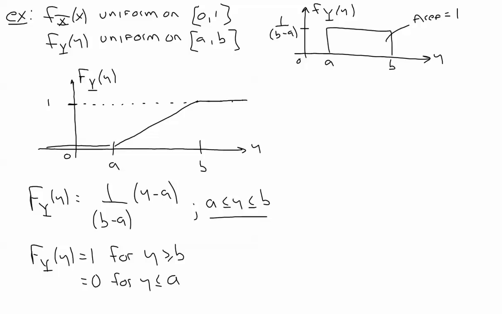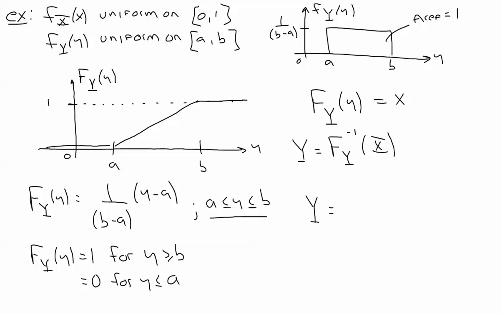What I want to then do is set my cumulative distribution function for y equal to x, and invert that, and I'm going to get y equals the inverse cumulative distribution for y evaluated at x, and my result then is that.